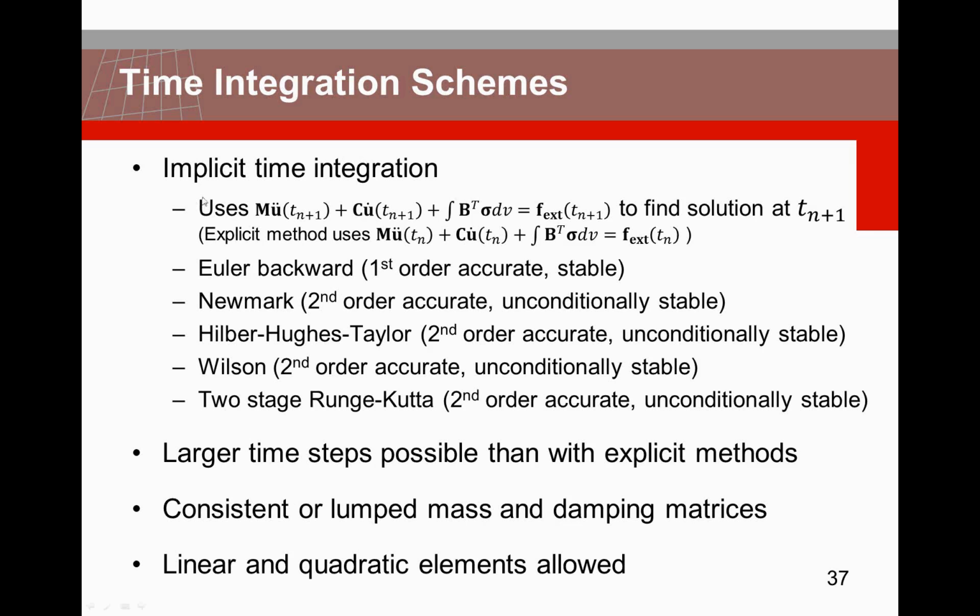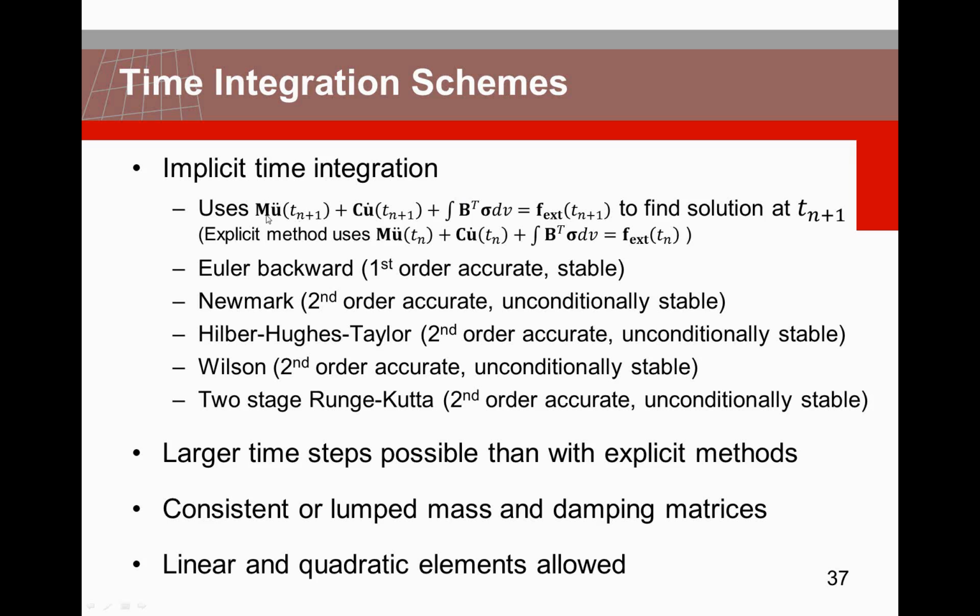In DIANA, in this transient dynamic analysis, in any transient analysis, even if you don't want to account for the mass terms, but only want to take into account velocity effects, we use implicit time integration schemes. Implicit means that the solution at your next time step is based on the equation of motion of that time step.